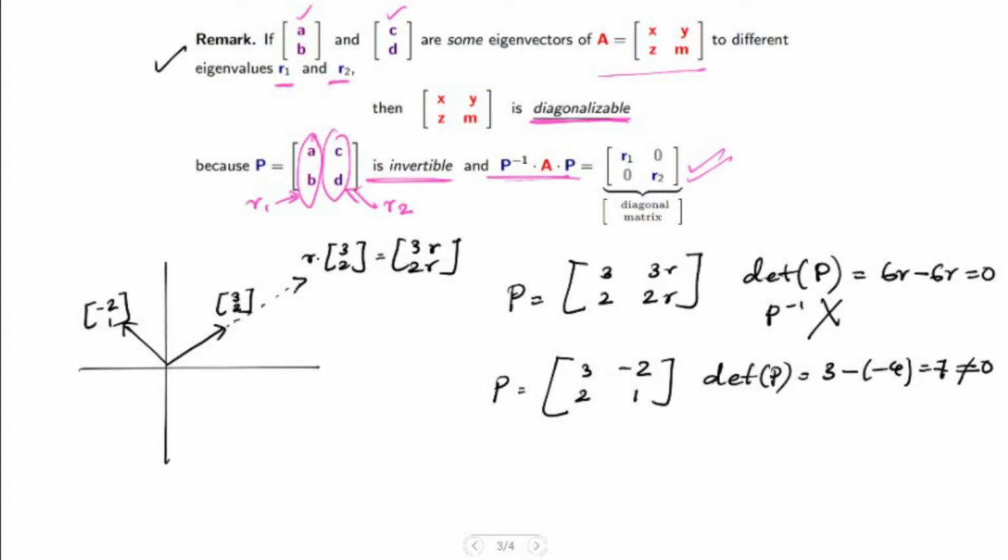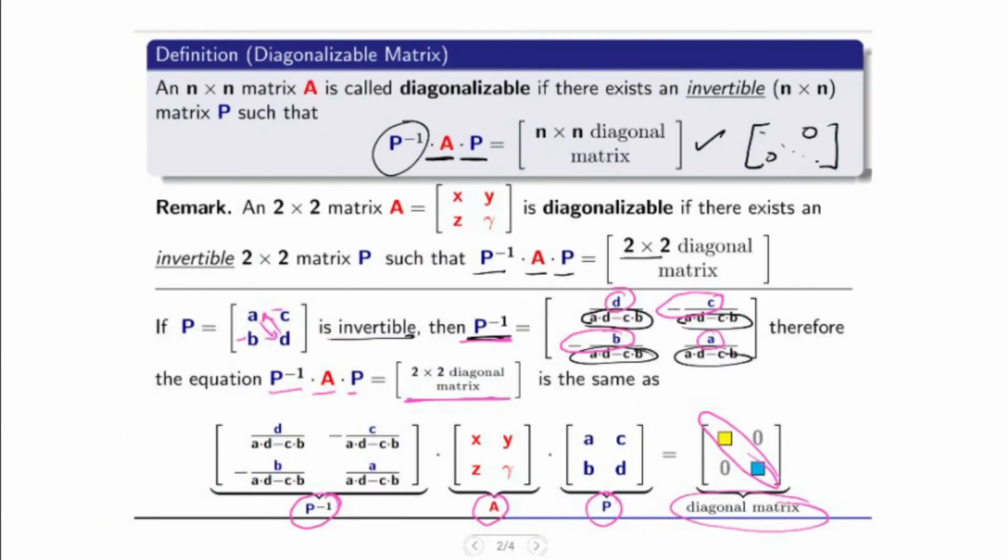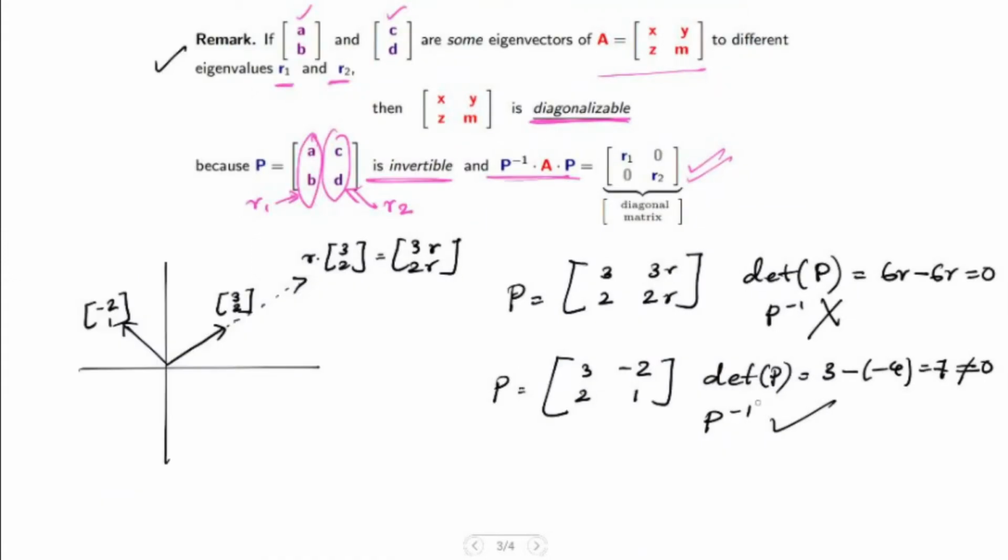If the determinant is not equal to 0, it means that you can find the P inverse. Because, as I just showed you, to find the P inverse you need the determinant, right? Once the determinant is not equal to 0, we can find P inverse, and therefore this condition can also be applied, and therefore the matrix A is diagonalizable.